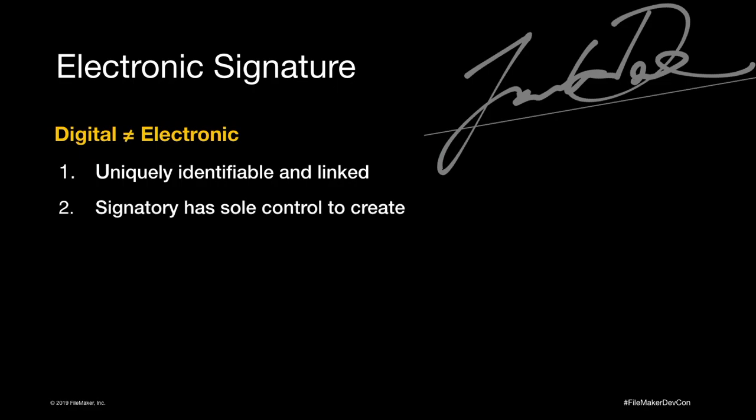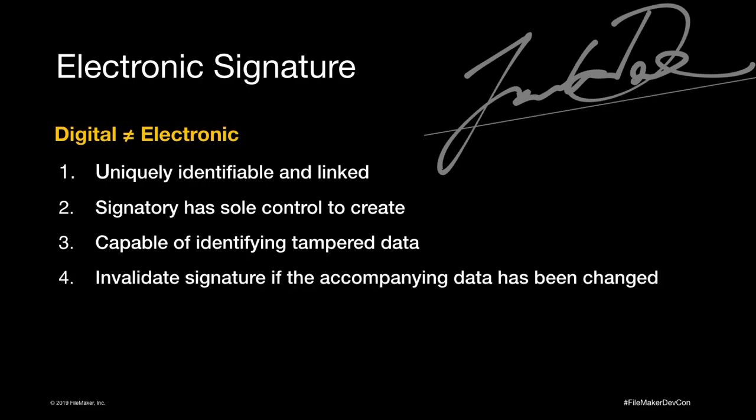The signatory must have sole control of the private key that was used to create that electronic signature. The signature must be capable of identifying if its accompanying data has been tampered with after the message was signed. And in the event that the accompanying data has been tampered with, the signature must be invalidated. Your digital signature can't do that.